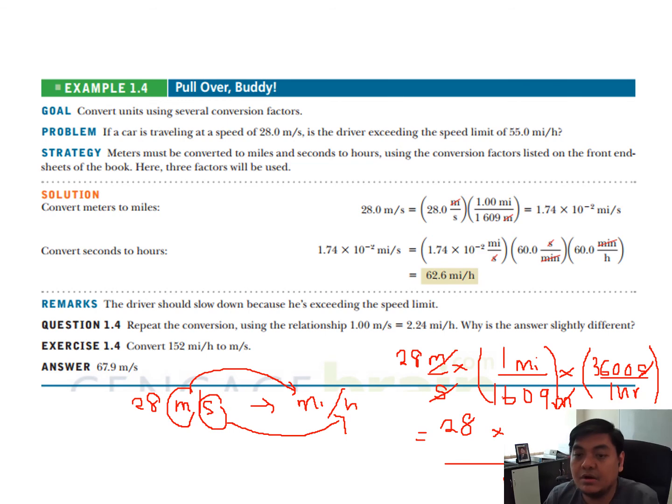So to get the value of 1.74 times 10 to the power of -2, pardon me, 62.6 miles per hour. So does it exceed the speed limit of 55? The answer is yes, because the speed limit is only 55 miles per hour, while the driver's speed is 62.6 miles per hour. Okay.